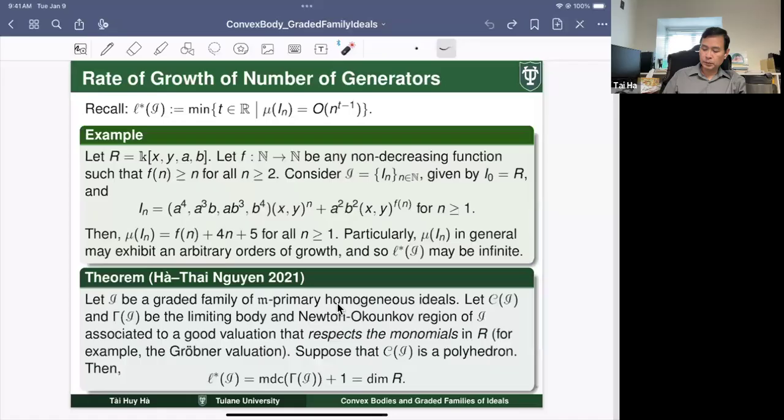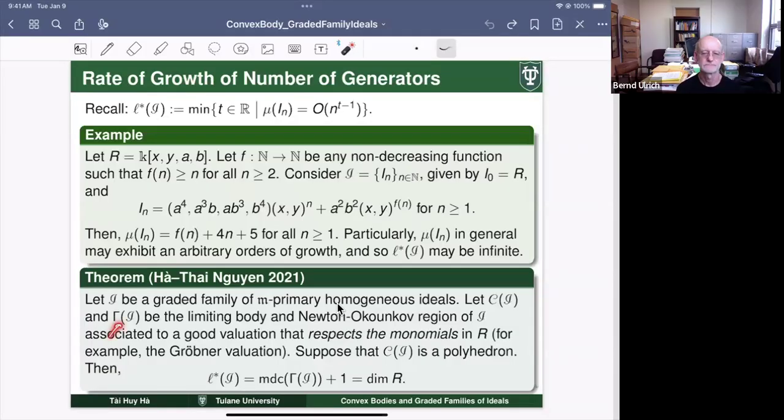However, what we were able to prove is that even with this invariant, in some cases we can connect it back to the Newton-Okounkov region, particularly if we start with a graded family of m-primary homogeneous ideals, and we assume that the limiting body is a polyhedron. Again, this limiting body and Newton-Okounkov body are now constructed with respect to good valuations, so there's no x here.